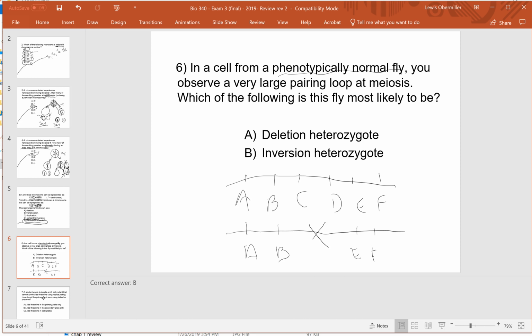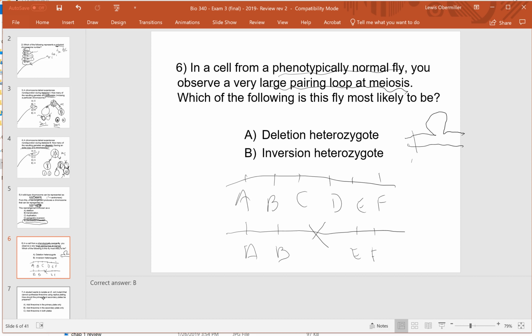So what would happen is that when these paired, you would have a loop, but it's more of a bulge than an actual loop. Because this says a pairing loop at meiosis instead of a pairing bulge, which is what this would be.